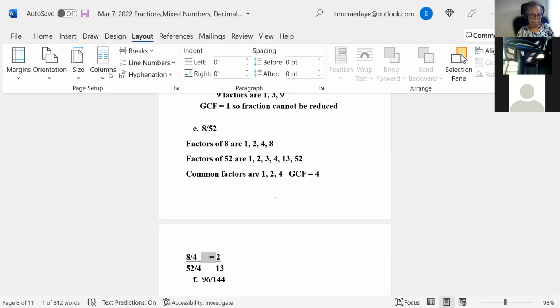So 8 over 52 is 2 over 13. That's the answer. Got it? Now, this is one where you did the factoring, defined the factors of both, and then the common factors, and then the greatest common factor. And that greatest common factor was a divisor into the numerator and the denominator to give you the simplest form.